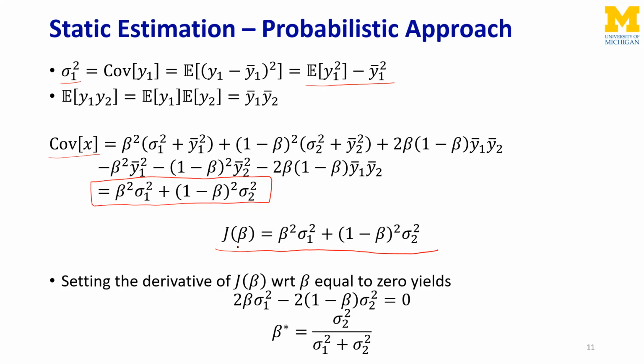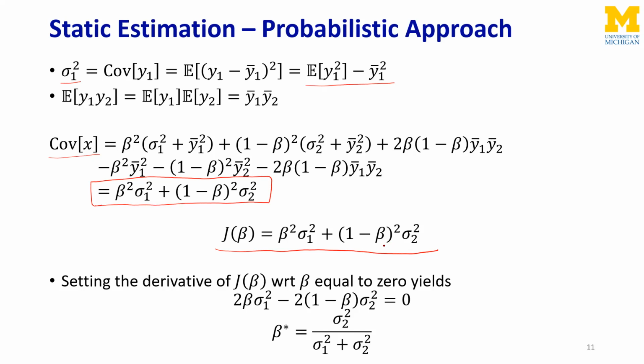This is a single variable function, and you use single variable calculus to minimize this cost J. And again, by setting the derivative of J with respect to beta to 0, I find that beta star is given by this. So this expression, this weight, is given by beta star.